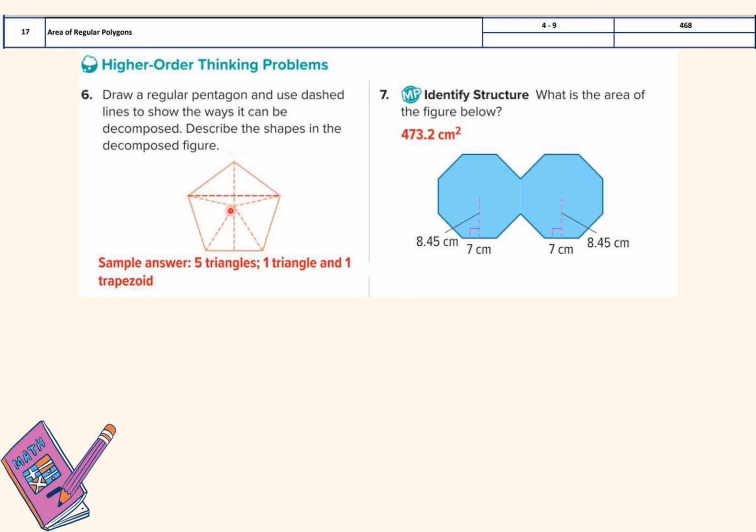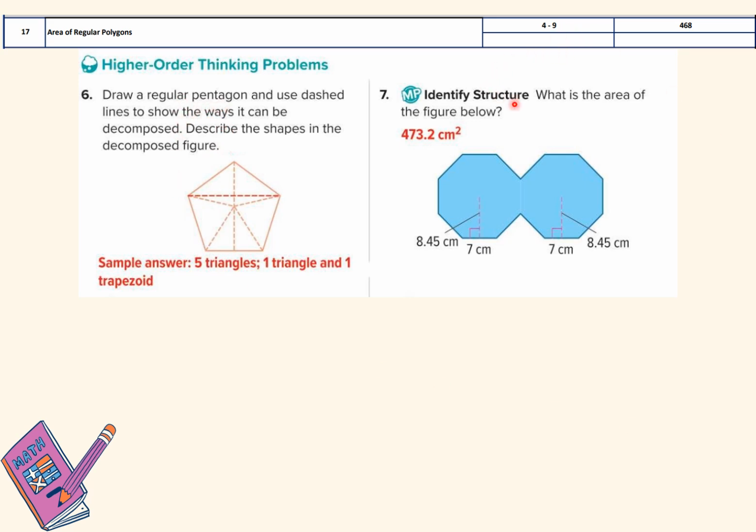The other way is to decompose the pentagon into 5 congruent triangles, basically because we are dealing with a regular pentagon. So it's very important also to focus here. A regular pentagon is a pentagon with 5 sides and all the sides are the same.